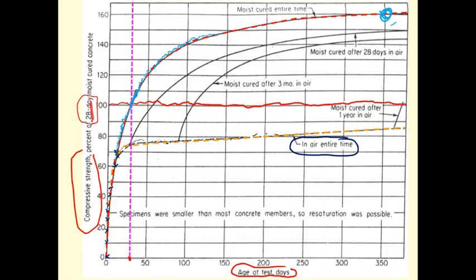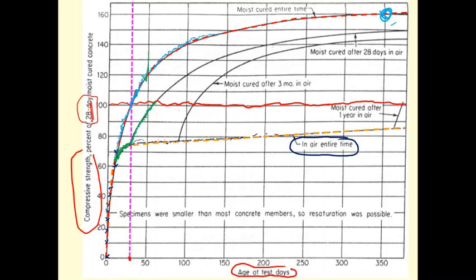Okay, and anyway, if during the construction you forget about curing the concrete, and you didn't put any water on the concrete for some specific days, let's say for a week, and then you recall that you've got to cure the concrete, the concrete still has the hydration reaction, and its strength can go up the same as 1 year, and it can reach as high as 150%.